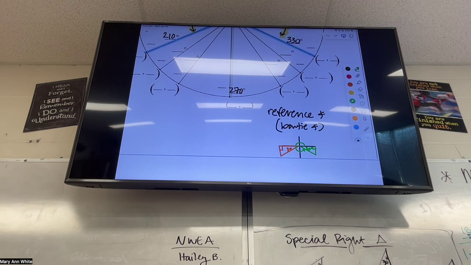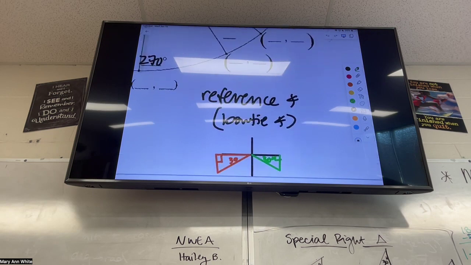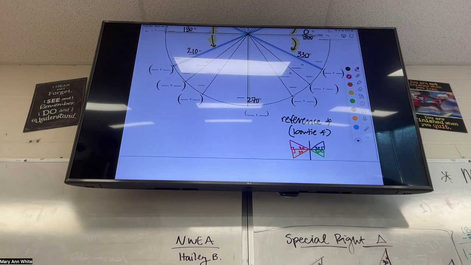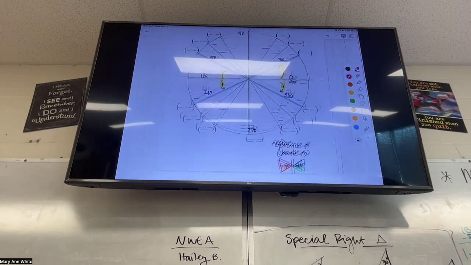In the first quadrant, my reference angle is just the angle that it is. So this is just 30 degrees or 45 or 60 or whatever. And then in the second quadrant, same thing. We almost went to 180, but we didn't. It's 30 less, which is how we got that 150. Okay. Those are my bow tie angles.